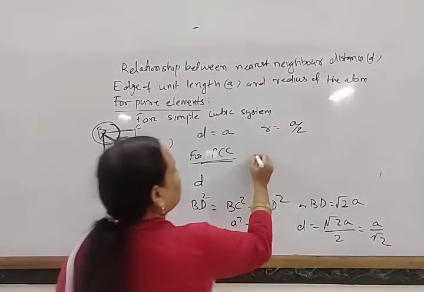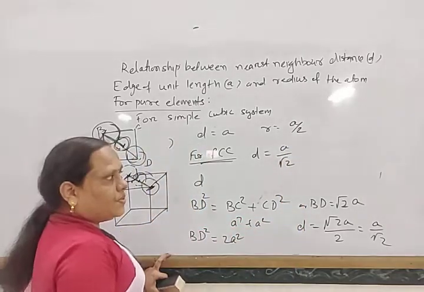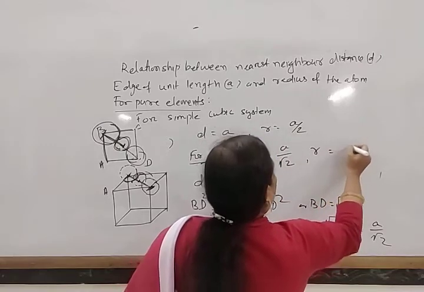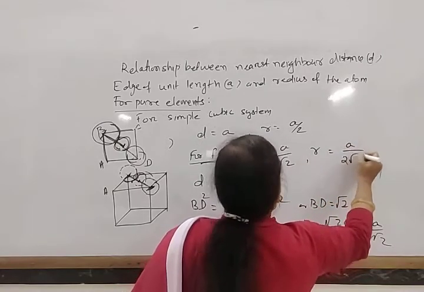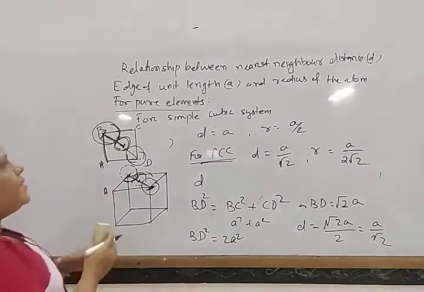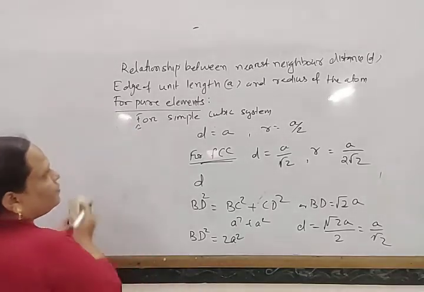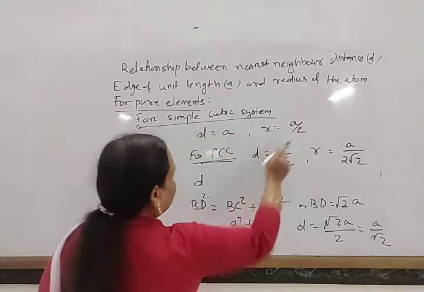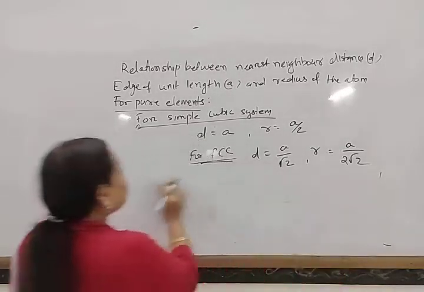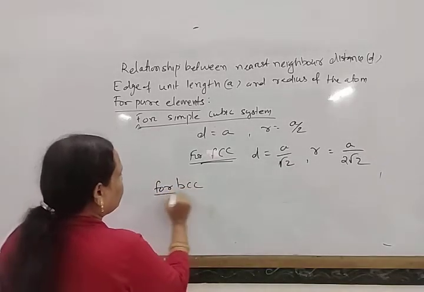So for FCC, D equals A by 2 root 2, and R equals A by 2 root 2. Okay, now it is clear. Next, we come to the nearest neighbor distance for BCC. For simple cubic system, it is this one. For FCC, it is this one.